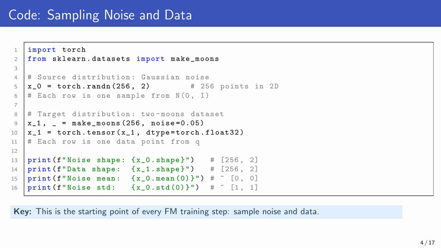This is important because in flow matching, we will pair each noise point with a data point, 1 to 1. The noise mean is approximately 0, and the standard deviation is approximately 1, exactly as expected from N(0, I). These 2 lines are literally the first 2 lines of every flow matching training step. Everything else builds on this.